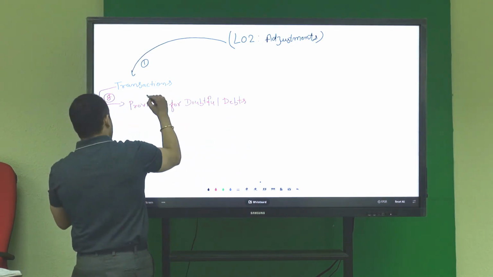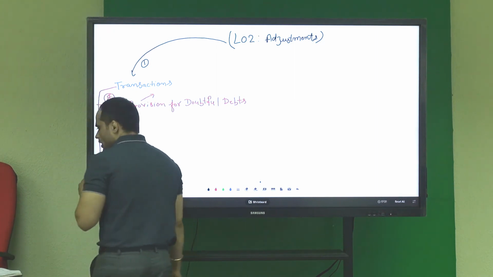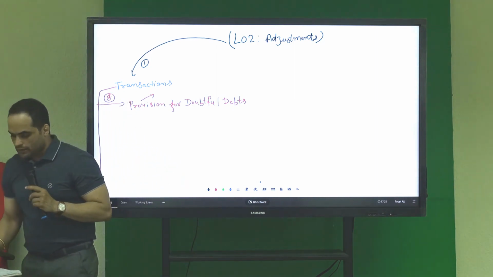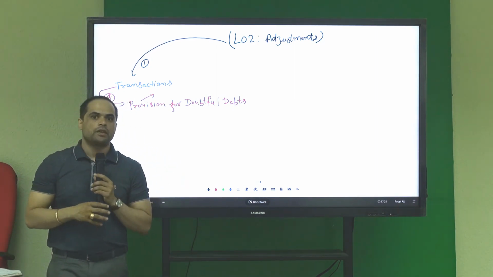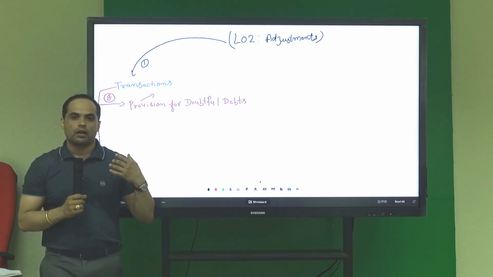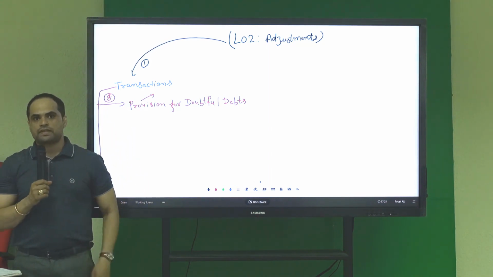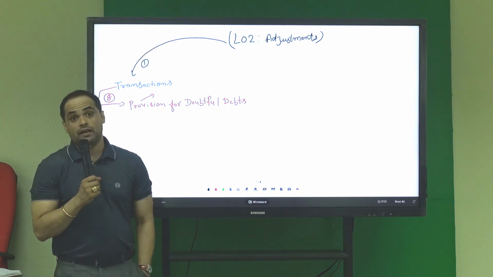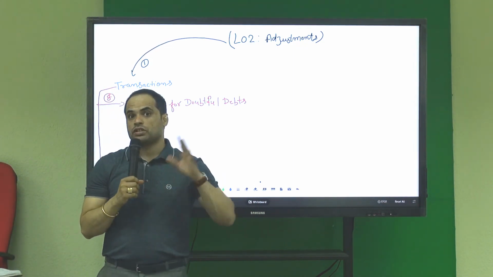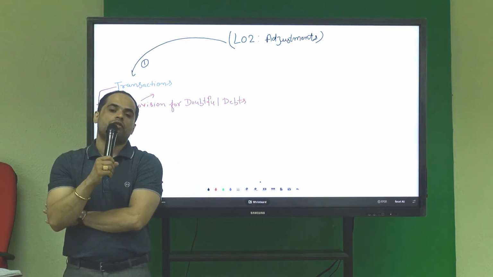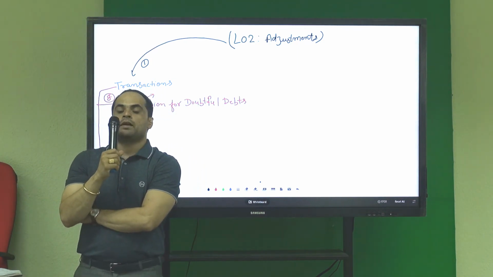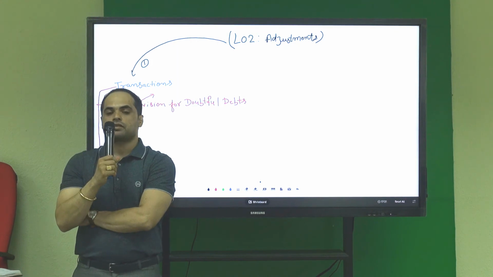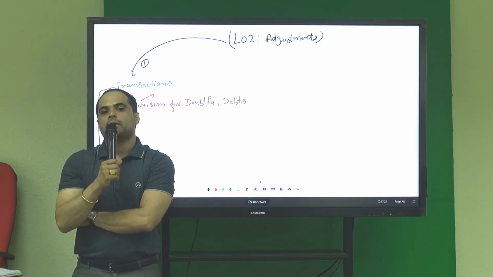What does it mean? Every year in our business, let's assume 5 to 10% of accounts receivable do not pay us money. They go bankrupt, so they don't pay. So every year 5 to 10% of debtors become bad debts.